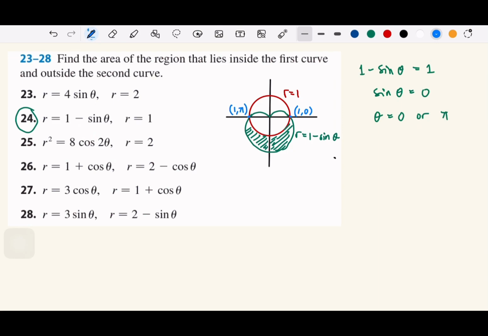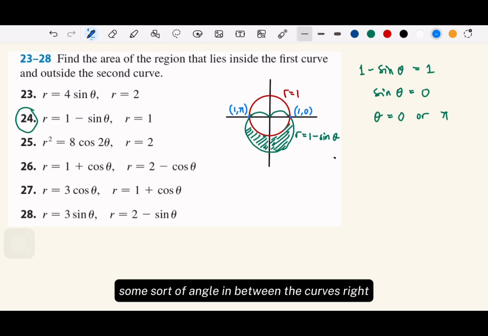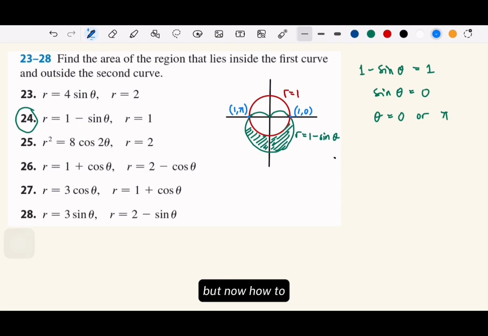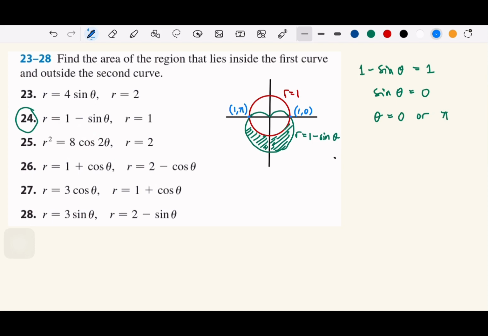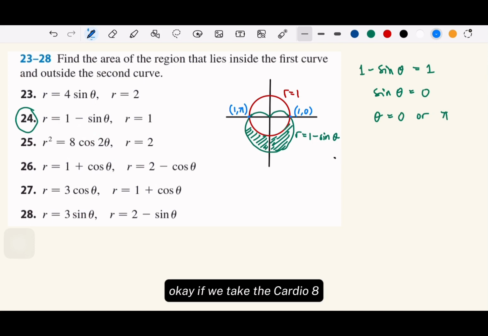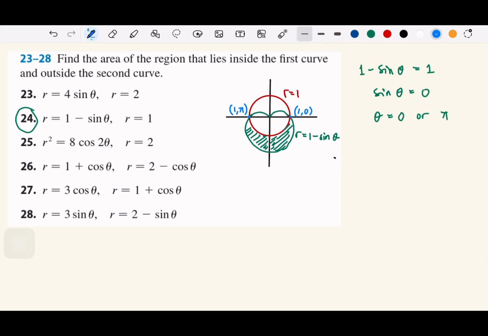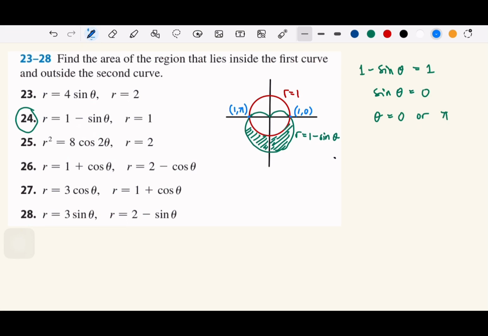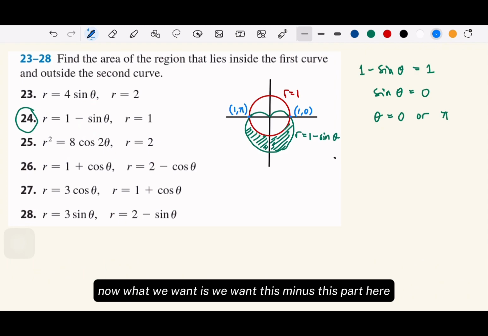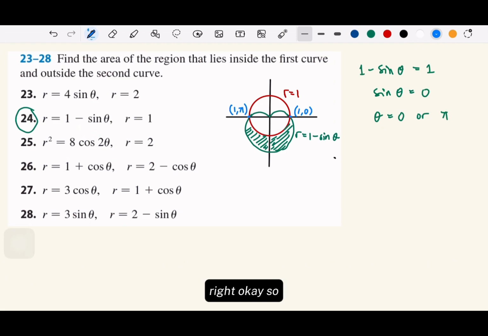We have some sort of angle between the curves. But how do we make sure we compute this area? If we take the cardioid from 0 to 2 pi, we include all of this cardioid. Now what we want is this minus this part here.